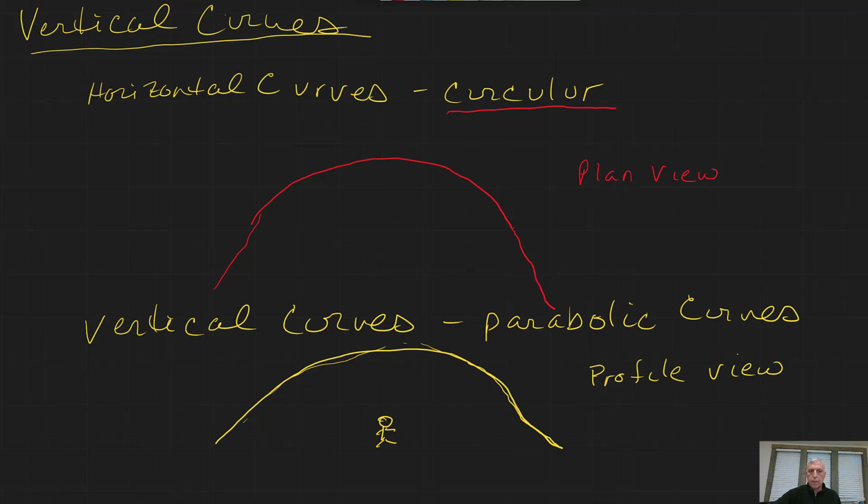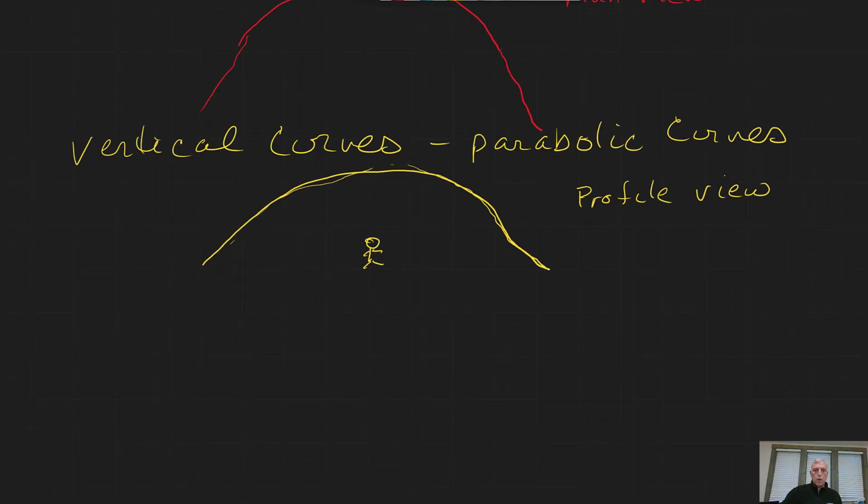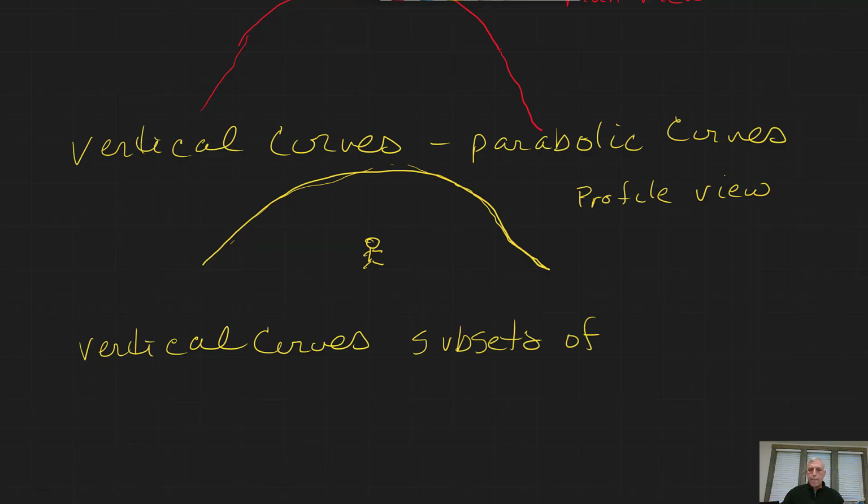Whereas horizontal curves, as we discussed, are subsets of circles, vertical curves are subsets of parabolas. So all of the properties of a parabola apply to vertical curves.